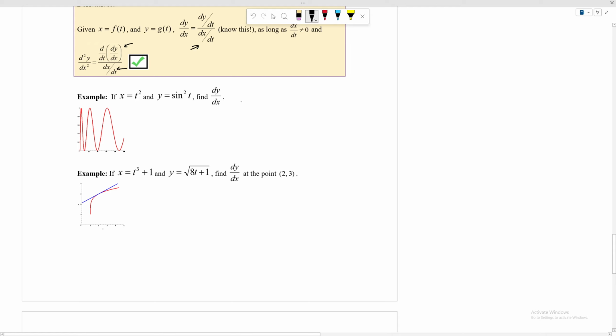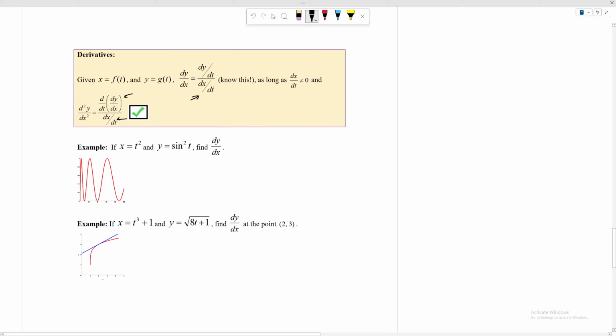All right, so let's do it here. We have x equals t squared and y equals sine 2t, find dy over dx. And this one you have to memorize. This is not given, but this one is given. That's why you get the check mark. So what we'll do here is we've got to first find our dy over dt, which equals the derivative of sine 2t.